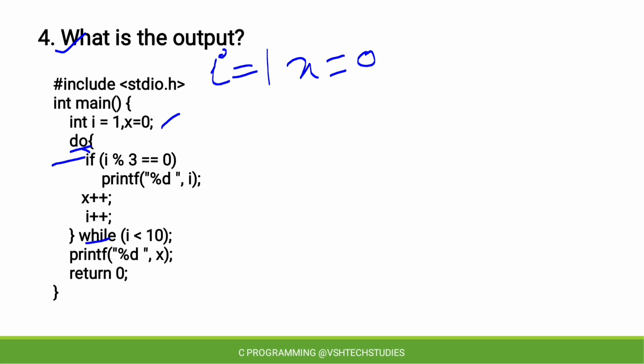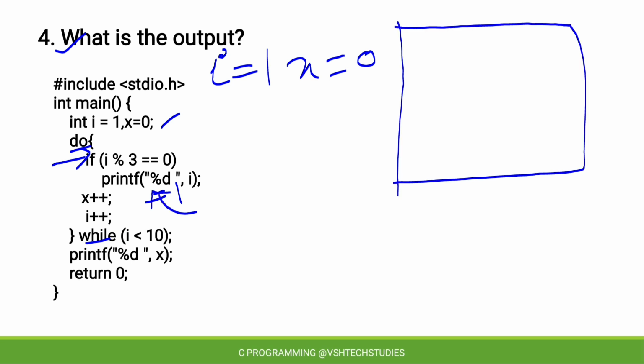When control enters the loop body, if I mod 3 equal to 0, means if I value is divisible by 3 or multiple of 3, only then it is printed on the monitor, space is left. So here I value is substituted, means I value is printed on the monitor only if it is divisible by 3. So every time, X is incremented, I is incremented.